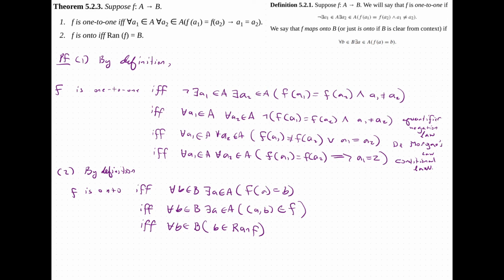And now what we want to show is the range of F is equal to B, but that's not quite what we have. We have that B is in the range of F. And since this is a for all B in B, that's the same as saying that B is a subset of the range of F. And so now what we need to show to demonstrate the equality is that the range of F is contained in B.